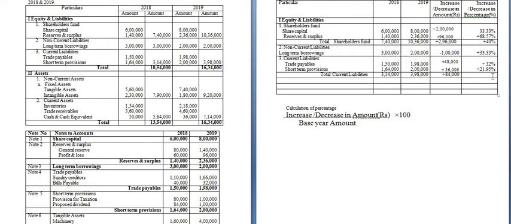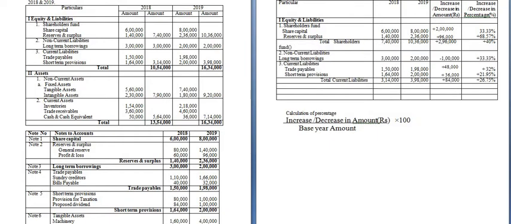Now the percentage. 84,000 divided by 3,14,000 into 100 is equal to 26.75%. So this is total current liabilities.